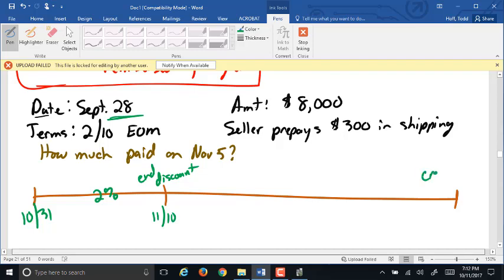Then, of course, credit period ends November 30th, right? They paid on November 5th. They get 2% discount. How much do they owe?